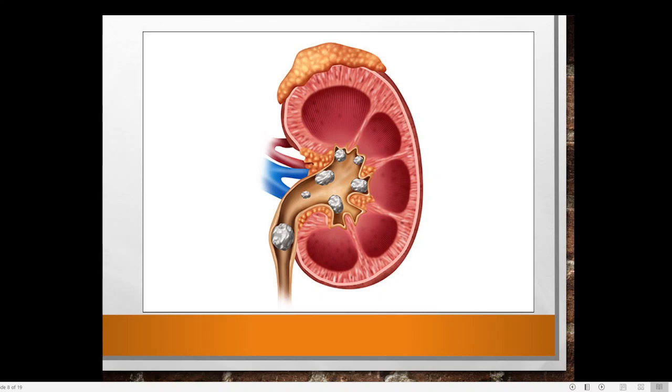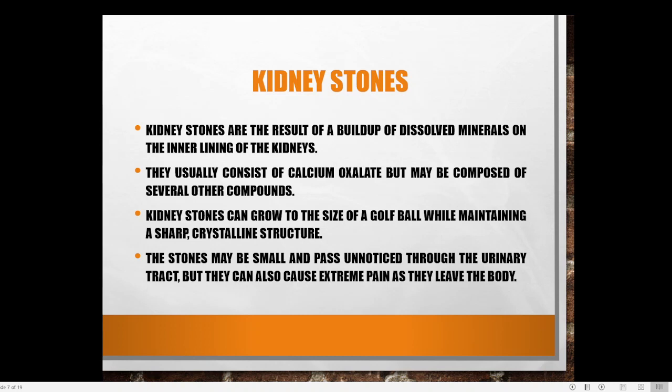So these are the major difficulties of kidney stone. It is mainly formed of calcium oxalate, but some other mineral compounds can also lead to the formation of kidney stone. So as a rule, kidney stones are usually formed of calcium oxalate. That is the main type of crystal that we find in the case of a kidney stone.